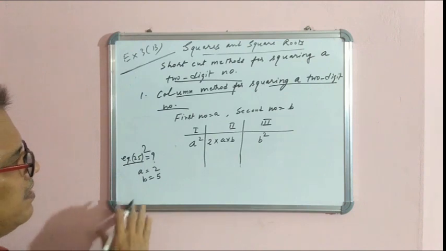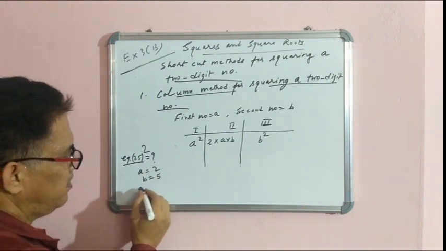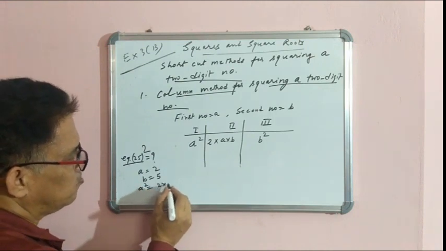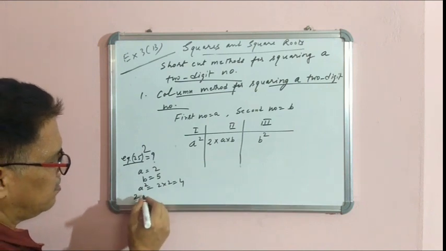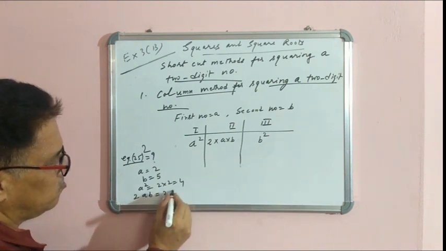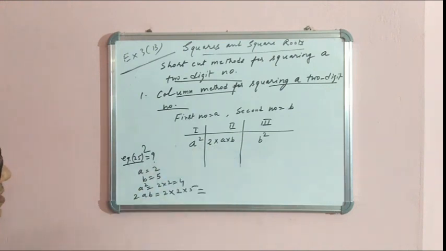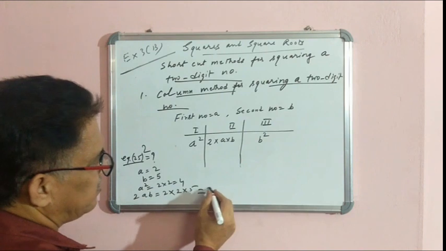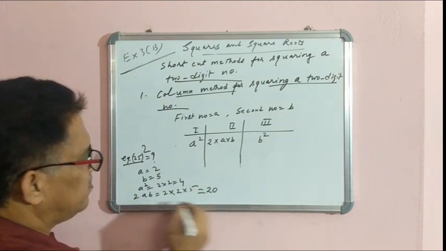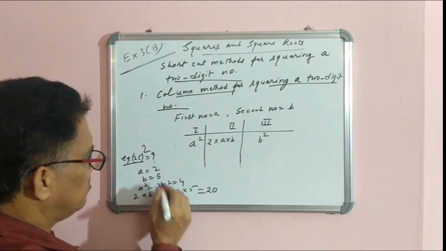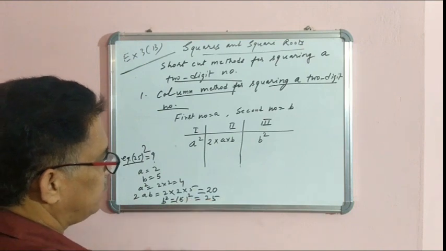Now A square is 2 into 2, that is 4. And 2AB is 2 into 2 into 5, so we are getting 20. Now B square is 5 square, that is equal to 25.